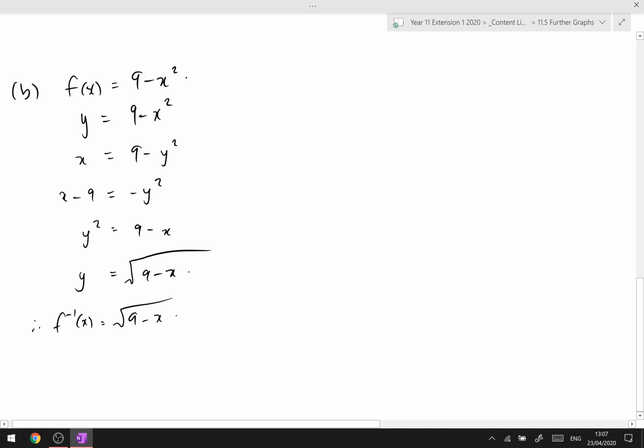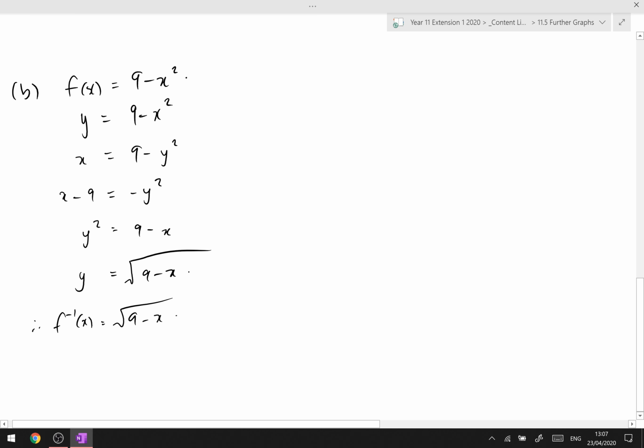Now to verify this one, we will probably have to do both because they aren't the same function this time. So we're going to start off by verifying f of negative 1 of f of x. So f of x is 9 minus x squared. So wherever I see an x in this function down here, I'm going to replace it with 9 minus x squared.